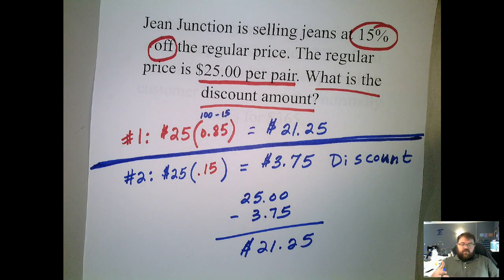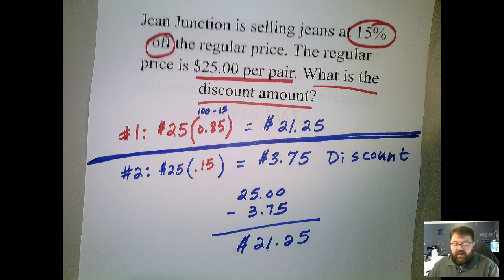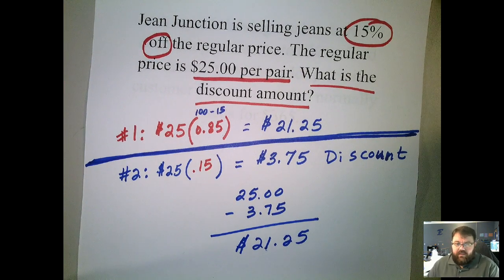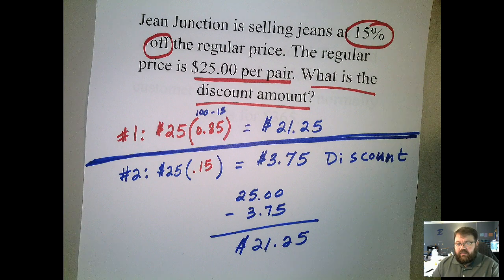And to be honest with you, I probably would have everybody do option two for the first couple of days, and then we could discuss option one. But because of virtual learning, I'm going to show you both of these ways and give you the option to decide which way works best for you. Okay? Now, what is the discounted amount? Well, the discounted price of these is $21.25. You have to pay attention to what the question's asking you, because especially if you do option number one. All right?